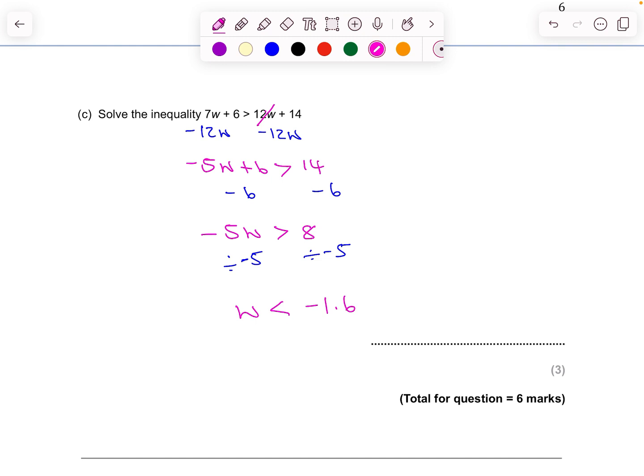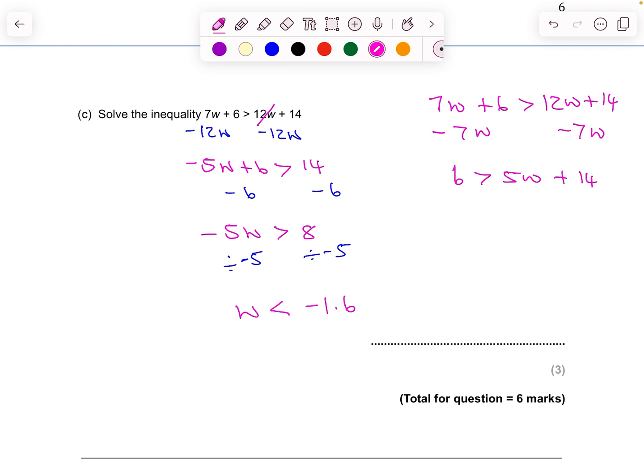I mean, the other way I could have done it, and I'll just quickly do that actually, so that you've got both. The other way, and I won't use different colours just to make it a bit quicker, is that you could have taken away 7w from both sides to get 6 is greater than 5w plus 14.